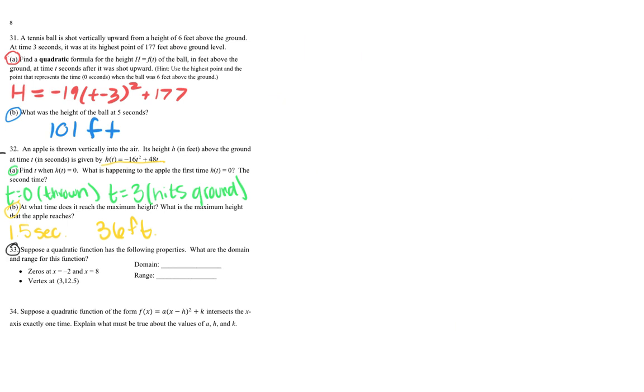Okay, number 33. Suppose a quadratic function has the following properties. What are the domain and range of this function? Okay, so I think our first step that's going to be helpful is that we graph this, we draw it out in a graph. So let's draw this out. Right, and so it says we have a 0 at negative 2.